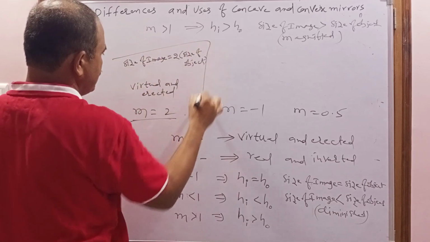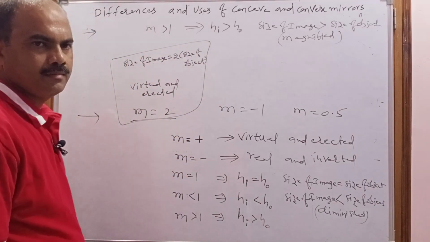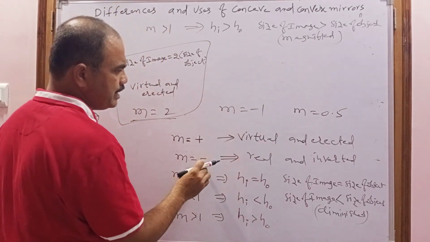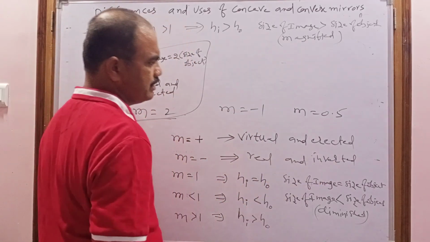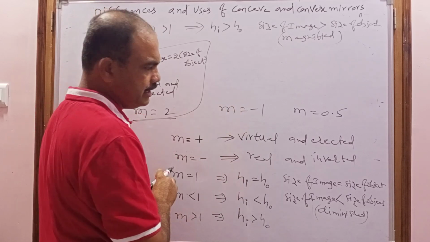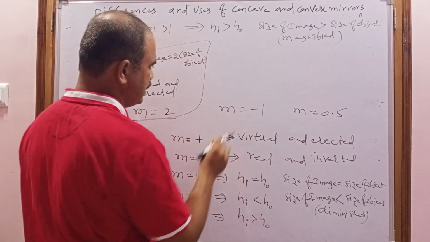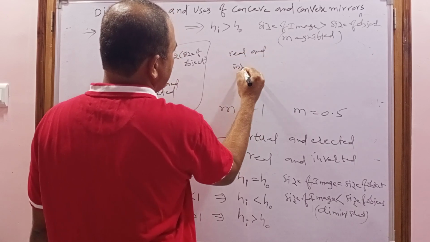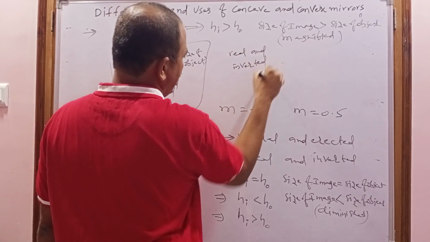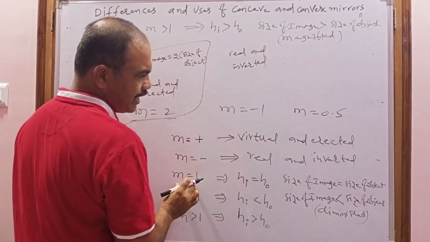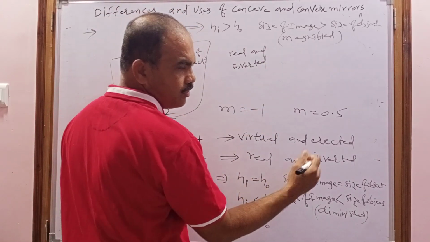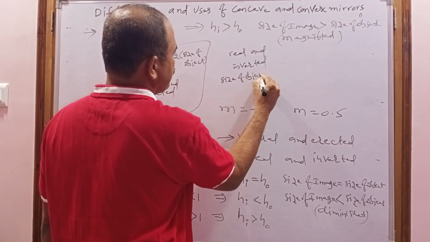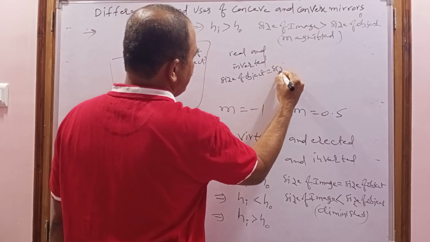This is the meaning of m equal to plus 2. Next, m equal to minus 1: minus means real and inverted image, so the image formed is real and inverted. And 1 means the size of object is equal to the size of image.